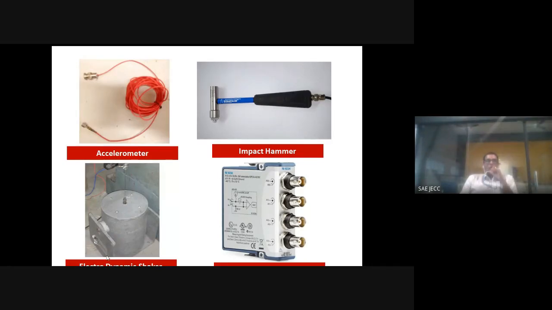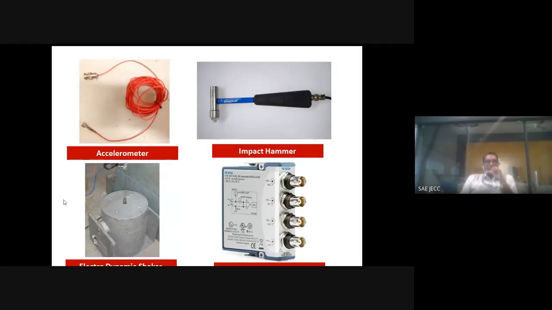Suppose you don't know the natural frequency of a system, one simple experiment you can do with this electrodynamic shaker is just to sweep the frequency from 0 to say 1000. In between, it will show the resonance. That particular frequency is the natural frequency. The signal processing part is slightly complicated, but the concept is so simple. Using this system, the electrodynamic shaker, you can excite it at different frequencies, different modes.